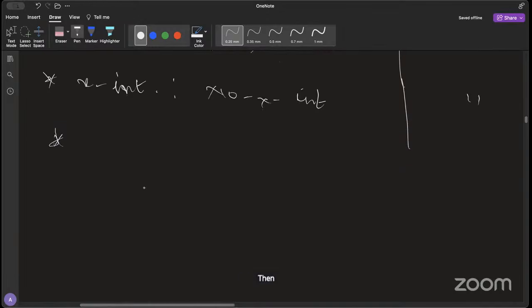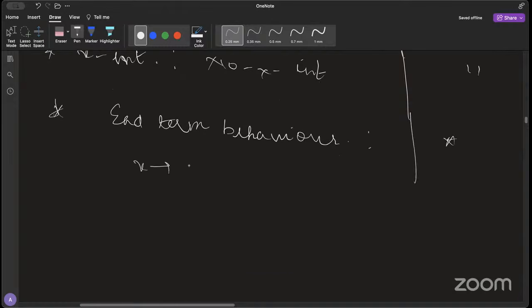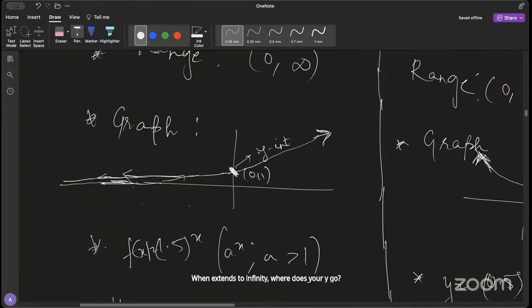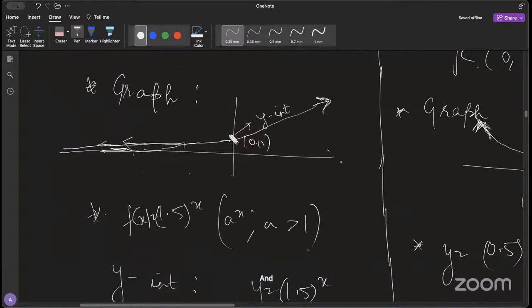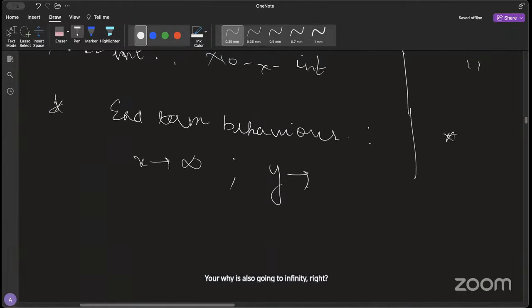Then let's come to end-term behavior. For your end-term behavior, when x tends to infinity, where does your y go? Here, look at the graph. When x tends to infinity, your y is also going to infinity, right? So you can say when x goes to infinity, a to the power x goes to infinity.